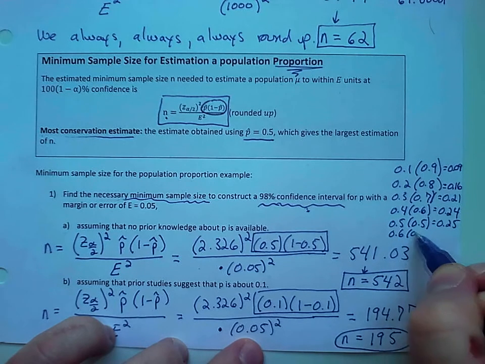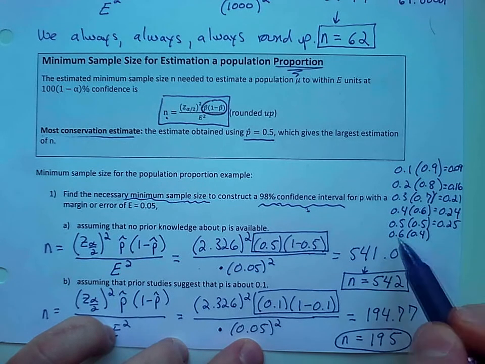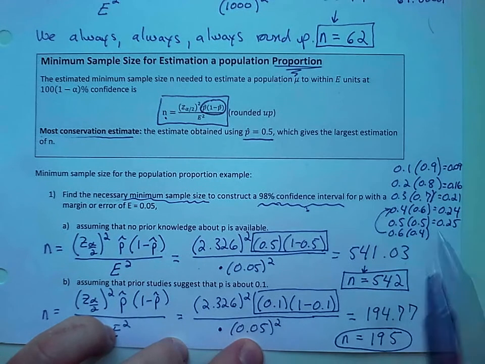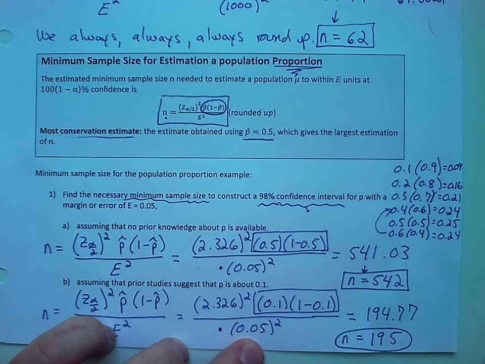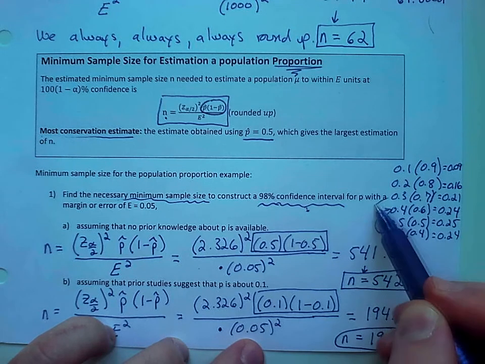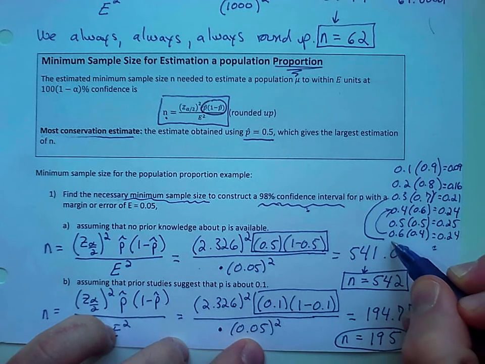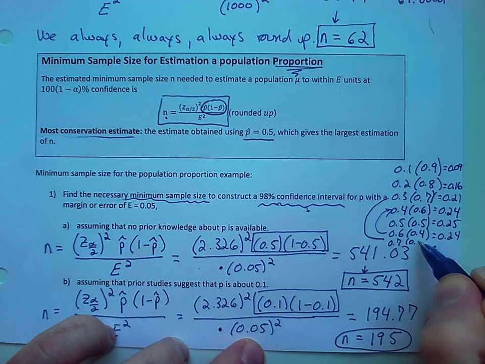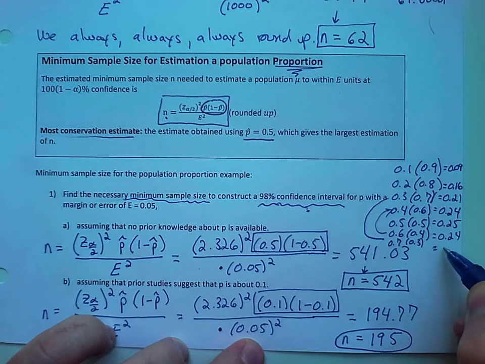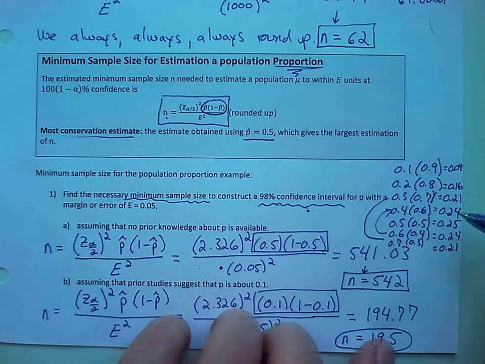Now, if we go to 0.6 times 0.4, this is just the exact same thing as what we have right here. So therefore, this is again going to be 0.24. So now we're going to start decreasing again, right? So here you could do 0.3 times 0.7 and so on and so forth. So this is then going to come out to, right, I'll just write it down, 0.7 times 0.3. It's going to come out to 0.21.